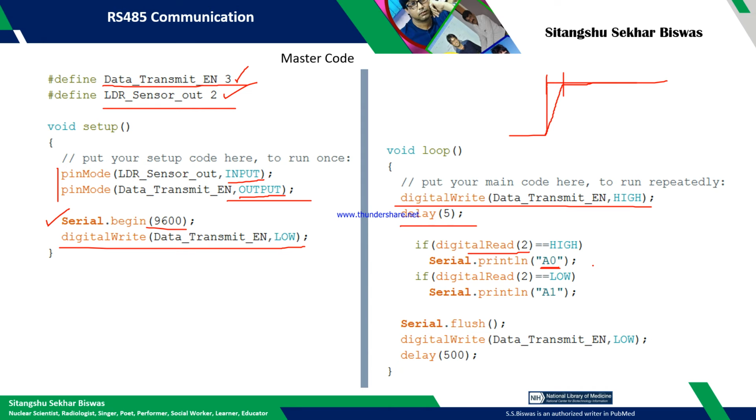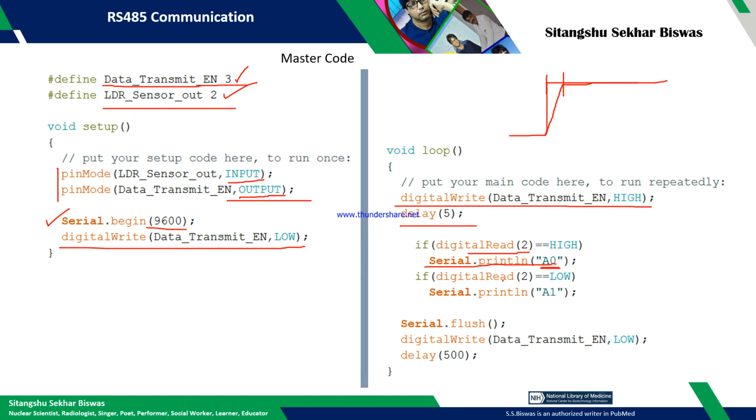So if there is no object detected, then always the output pin will be high, and at that time we are writing the string A0.